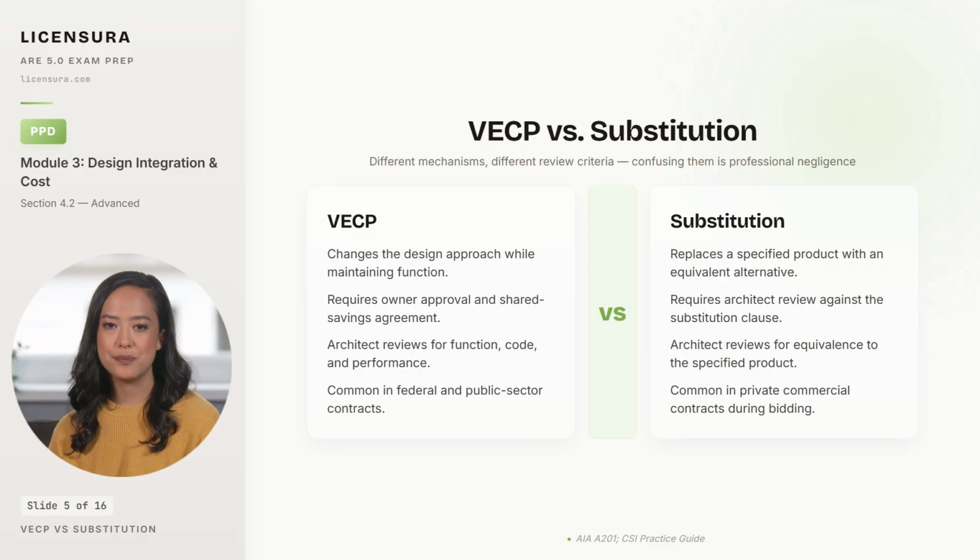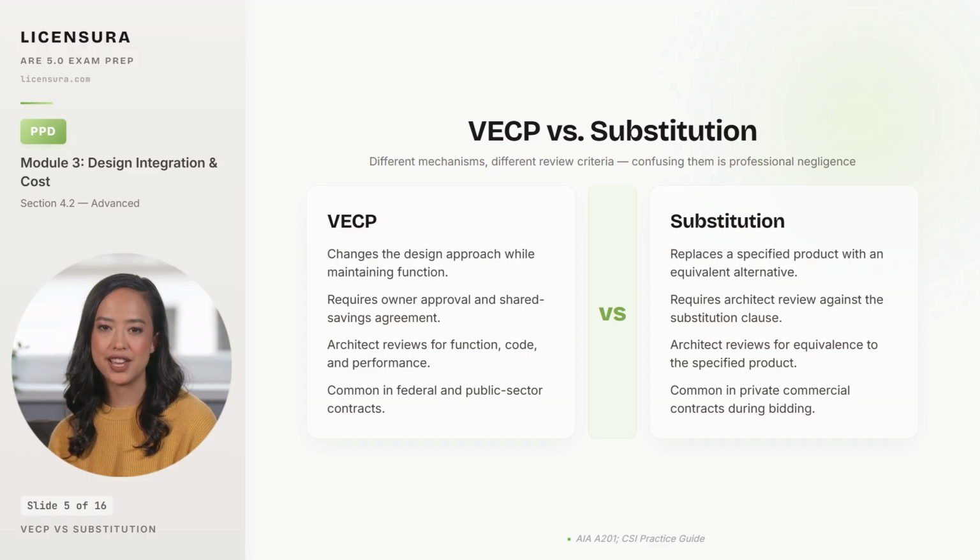A substitution, by contrast, replaces a specified product with an equivalent alternative. Same approach, same method, different manufacturer or model. And the review criterion is product equivalence against the specification. Substitutions live under the substitution clause in the bidding documents and are processed by the architect under that clause's rules.